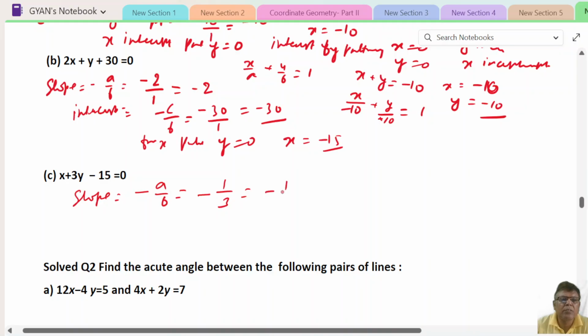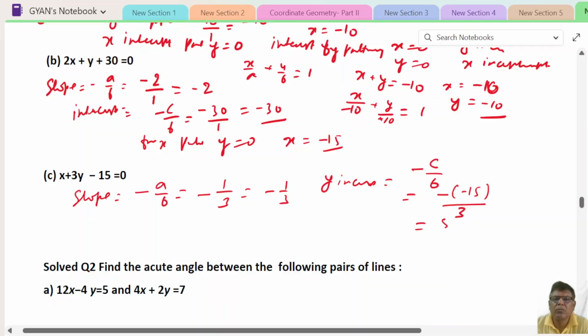And the y-intercept is equal to minus c by b. So minus c means minus of minus 15 by 3. So that is equal to 5. So 5 will be the answer.